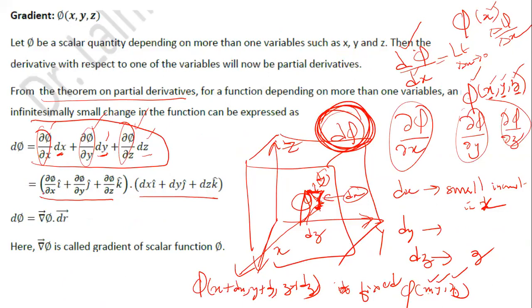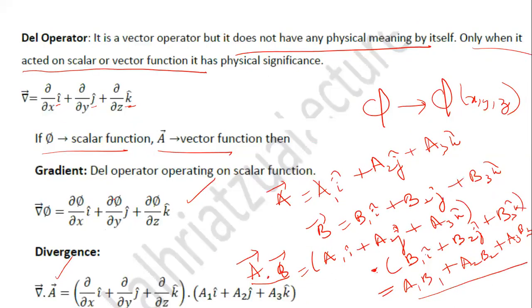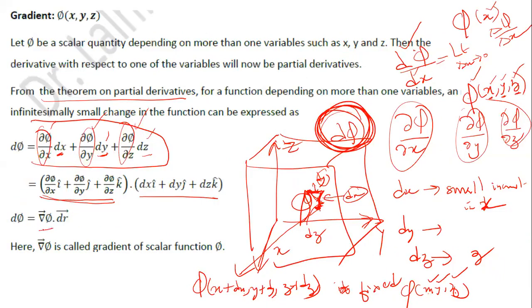Now, this quantity, as we already defined, is called the gradient of a scalar function phi, and dx i, dy j, dz k are the increments along the x-axis, y-axis and z-axis. This quantity we call the position vector.